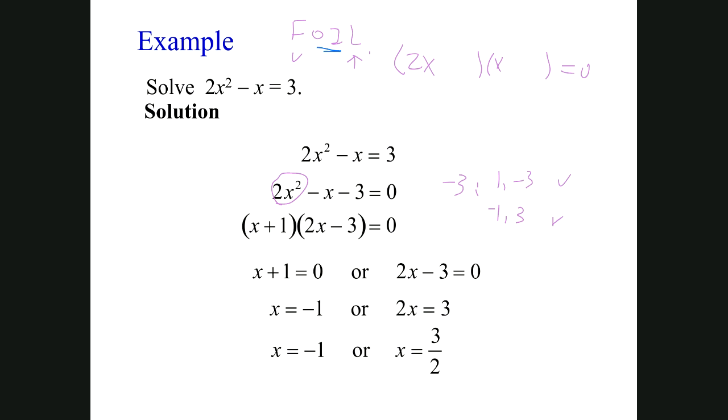Okay, so let's call it FOIL. You factor into 4 items. The sum of the outer and the inner has to be equal to -x.